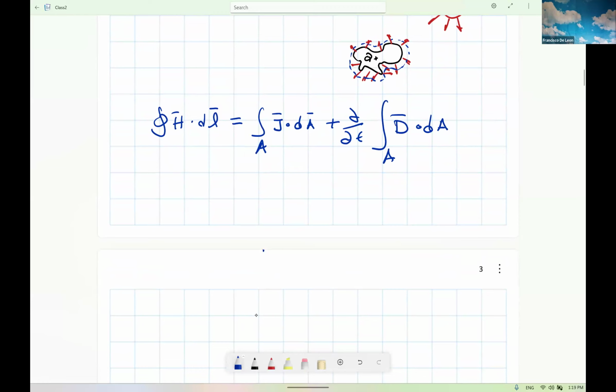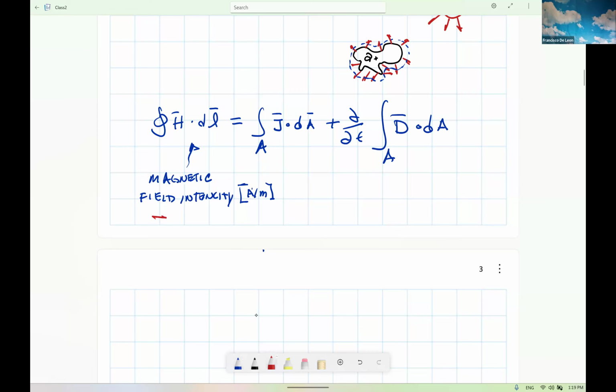What this is telling you is that the force field around some path is equal to the current that is enclosed. So this is, let's say, the magnetic field intensity, which is, of course, given in amperes per meter.